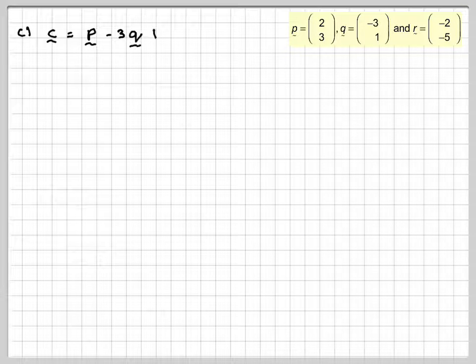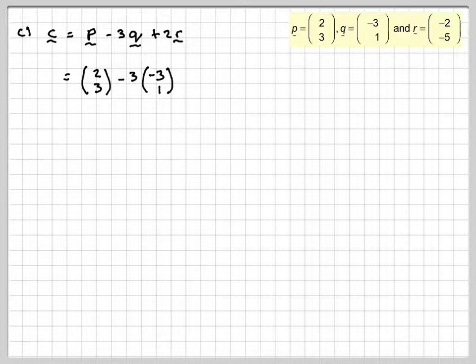Now in the last case, we've got C is equal to vector P minus 3 times vector Q plus 2 times vector R. So same idea, (2, 3) minus 3 times (-3, 1) plus 2 times (-2, -5). So we're going to have (2, 3).